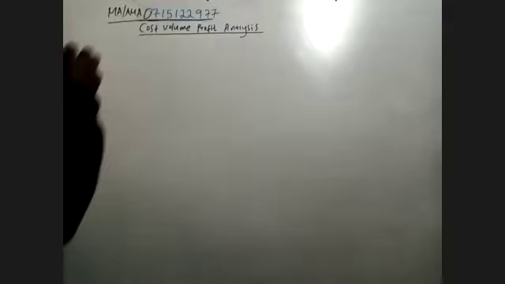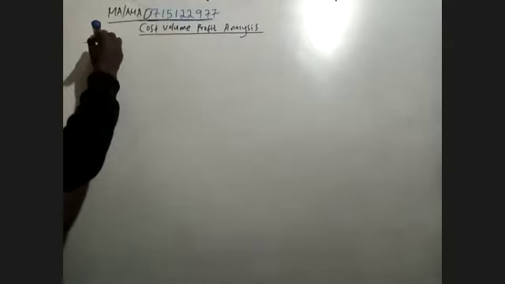I told you pricing decision. For intermediate, it's a new topic called CVP. For advanced, it is a topic inside a topic. That's why I decided to combine them, to save time.